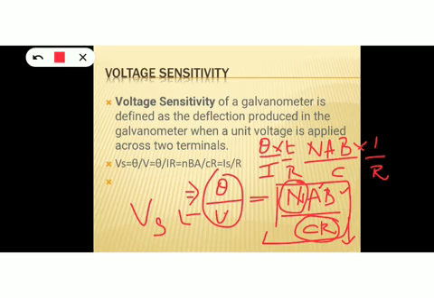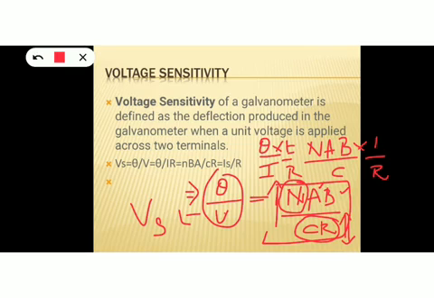Why? Because when we increase the number of turns, the length of the coil increases, and whenever the length of a conductor increases, its resistance also increases. So in this expression, when N increases, the resistance R also increases. The increase in N is nullified by the increase in resistance R, because both are directly proportional.